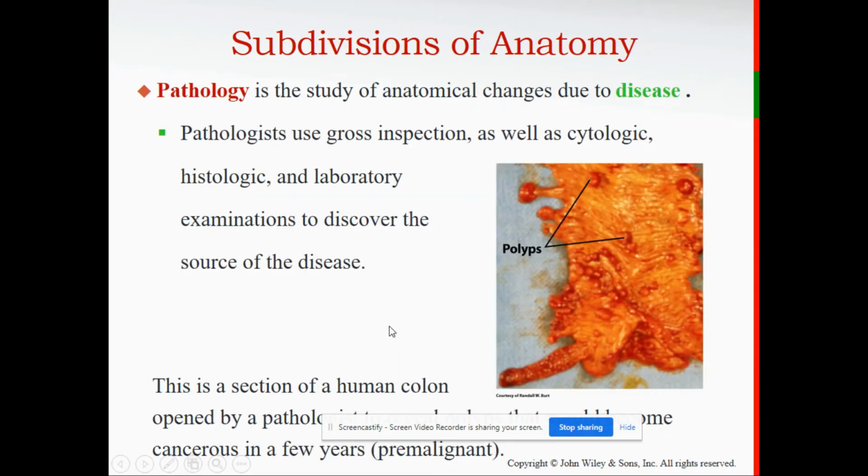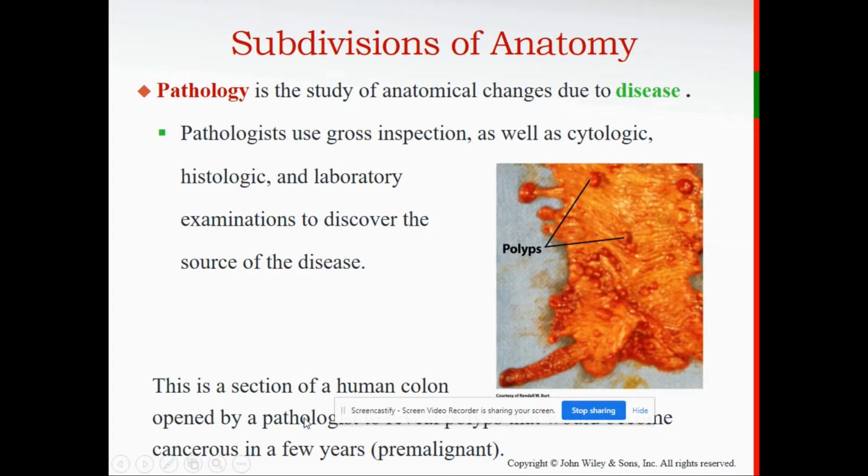Now, the study of tissue that has been damaged by disease is called pathology. And any of you who are familiar with a coroner or someone that does an autopsy, they usually are going to have some training in pathology.